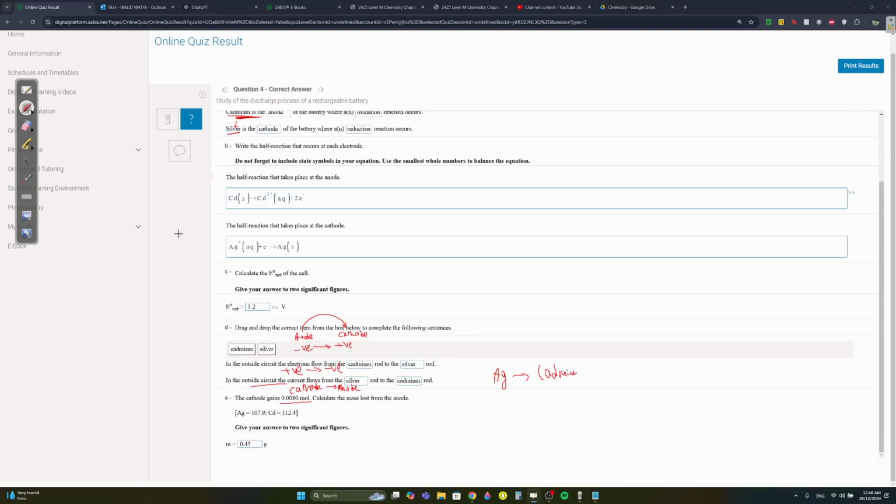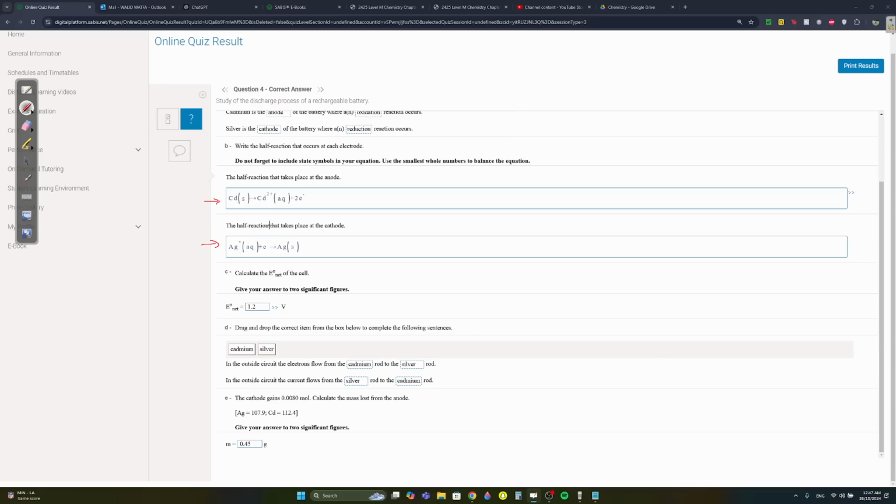The cathode gains 0.008 moles. Calculate the mass lost from the anode. In the previous question, we had the reaction written down. Like I told you, to find the reaction, you take your oxidation and reduction and combine them.